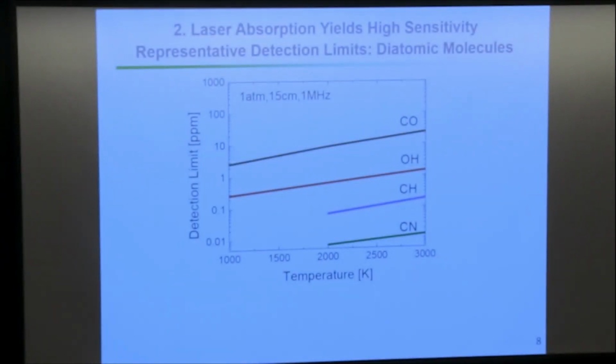But if you look at the reactive radicals, like CO, OH, CH, now we can measure sub-ppm. So the beauty of laser absorption is that it can be very sensitive in measuring the species that we need to do chemistry.